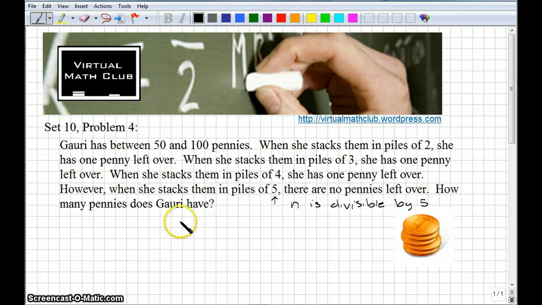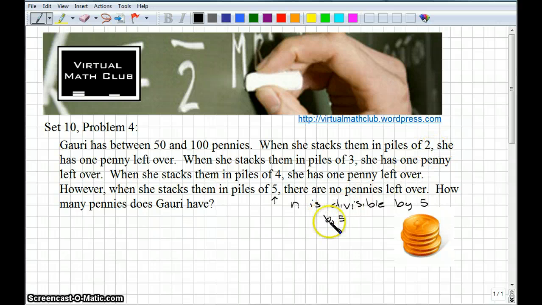But here's what I did. I said, okay, I know it's divisible by 5, and I also know it's not divisible by 2, so it has to be an odd number. Now, numbers that are divisible by 5 end in 0 or 5. But if it ends in a 0 it's even, and then when she piles the pennies in stacks of 2, she wouldn't have any left over.